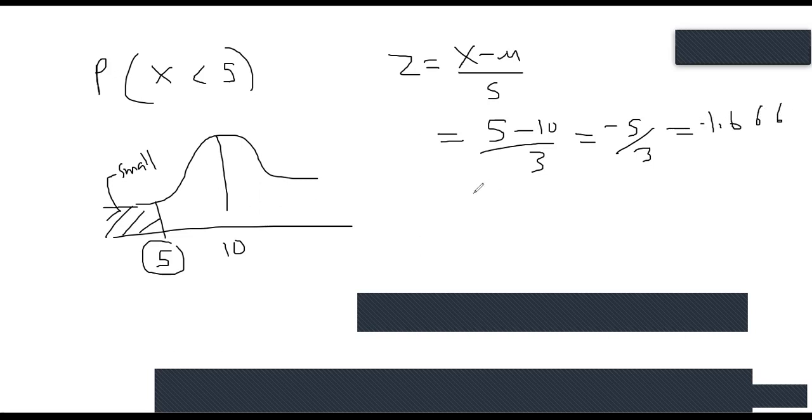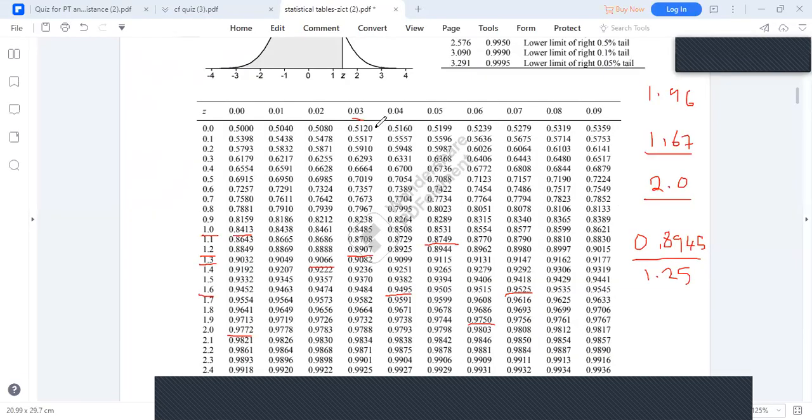You always leave it to 2 decimal places. So negative 1.67. A mistake people will make is to put 1.66. The nearest, you round it up here, 67. So let's read 1.67 in the table. What is the reading? We go under 1.6 and 0.07. 0.9525.